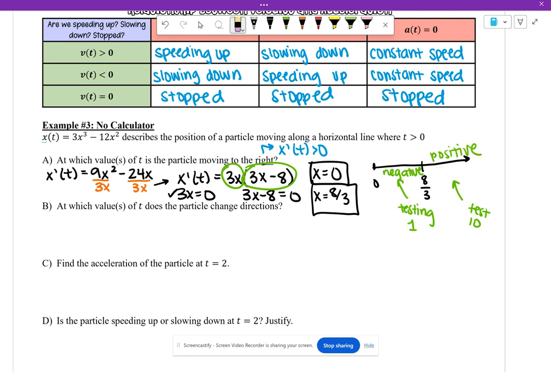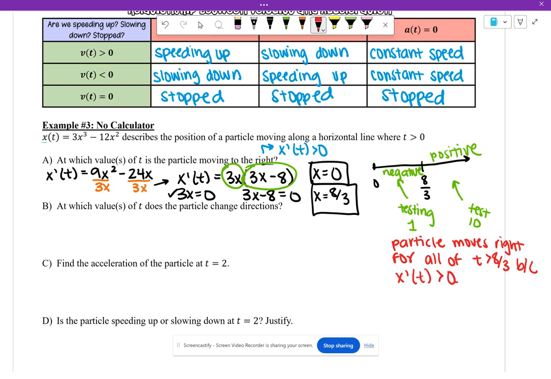And that alone tells me what I need to know to answer the question. So we can say that the particle moves right for all time greater than 8/3 because x prime of t is greater than 0.